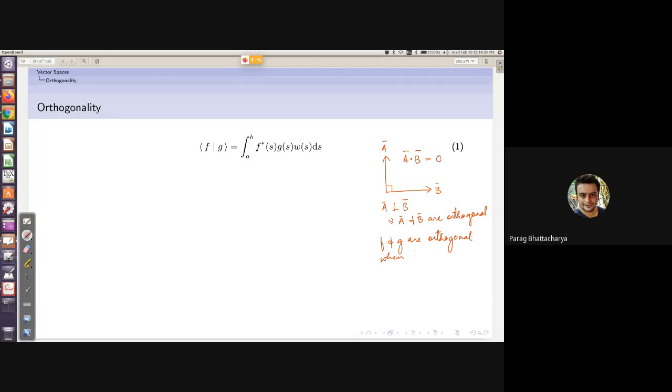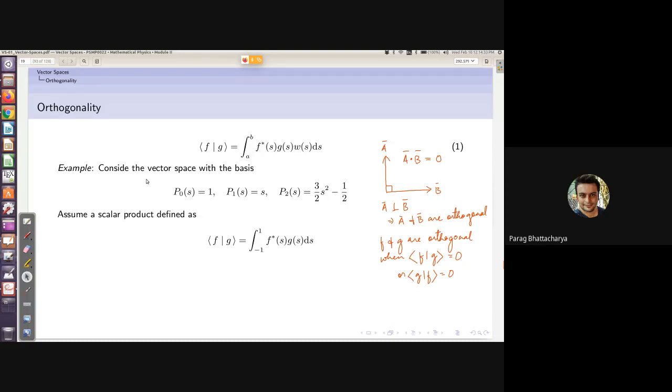In the same way, to find out whether two functions are orthogonal, all you need to do is find their scalar product, because the dot product is the same as the scalar product. If their scalar product is 0, then they are orthogonal. It does not matter whether you take fg or gf. Both cases will be 0.